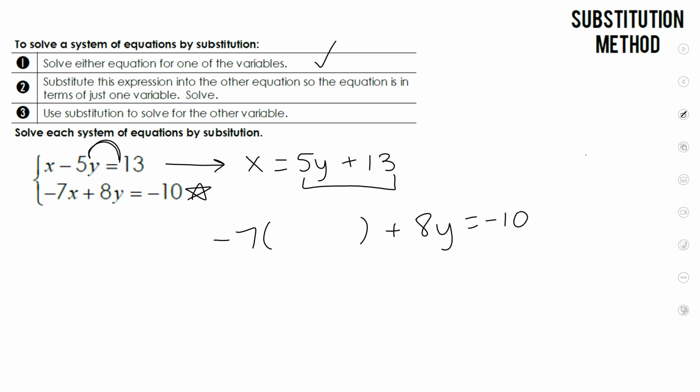I'm going to substitute this because we're saying that x equals all of this. So instead of writing an x, I'm going to put all of this. Notice when you do that, we just have one variable. So now I just have y's. And now I'm going to solve for y.